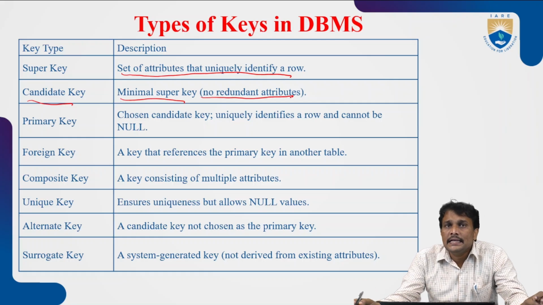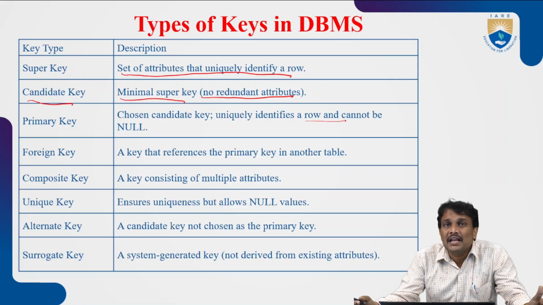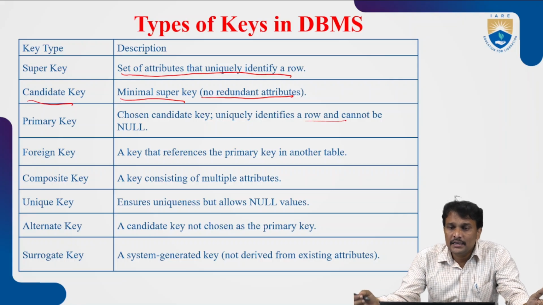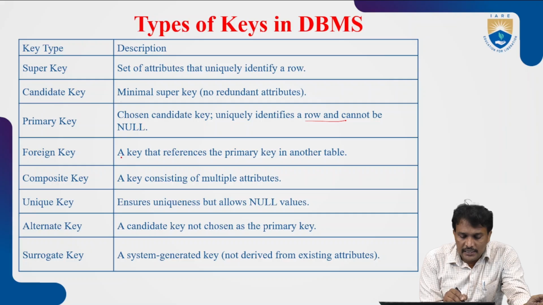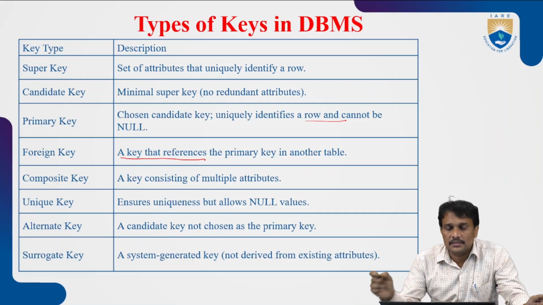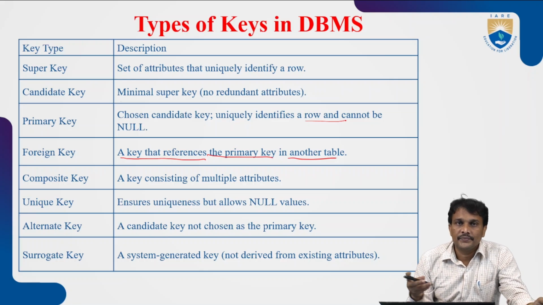Primary key is a candidate key which uniquely identifies rows and cannot be null. Foreign key is a key that references the primary key in another table.